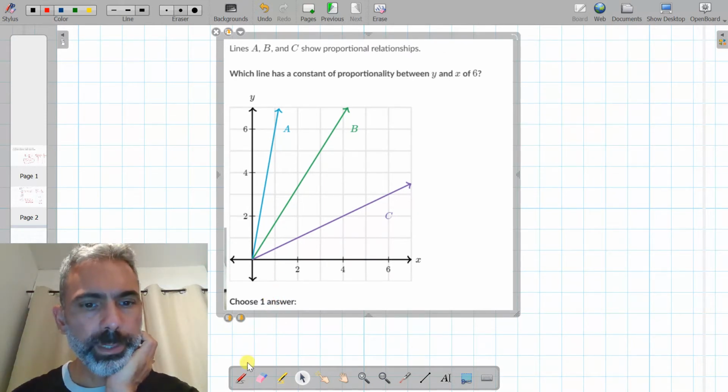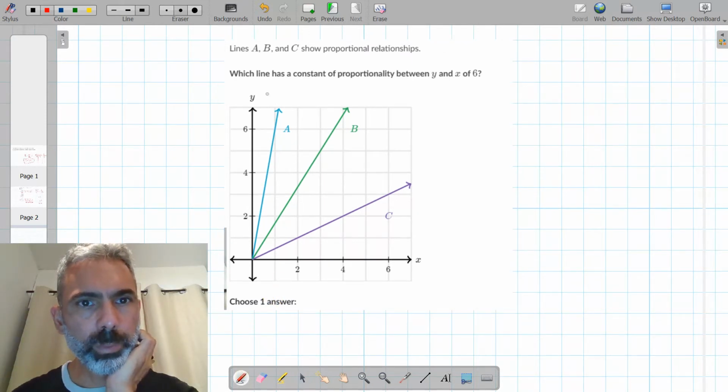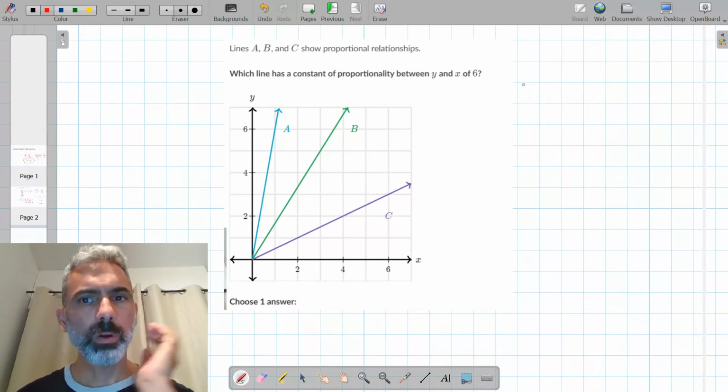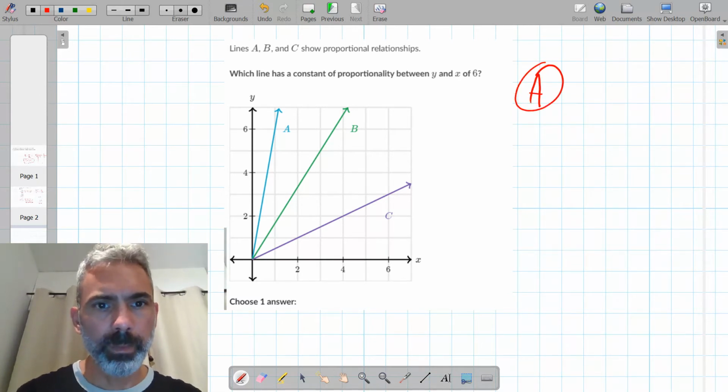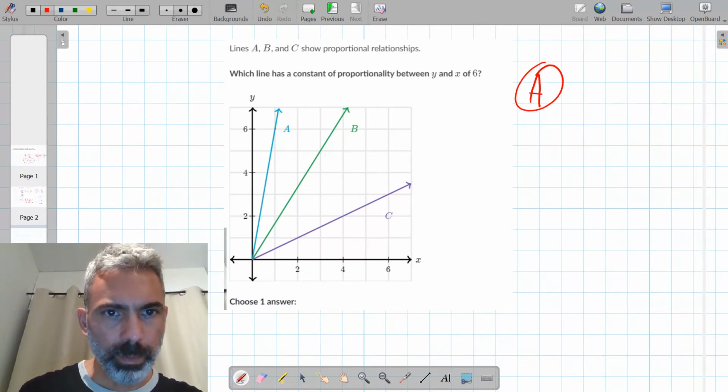Lines A, B, and C show proportional relationships. Which line has a constant of proportionality between y and x of 6? Okay, so A, this is y, and this is x.